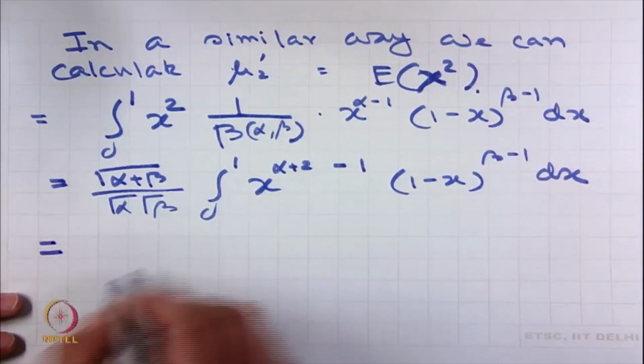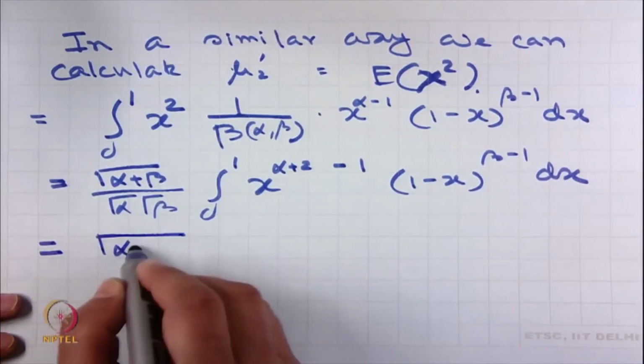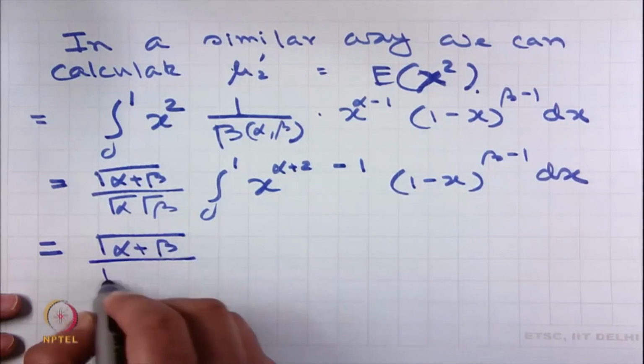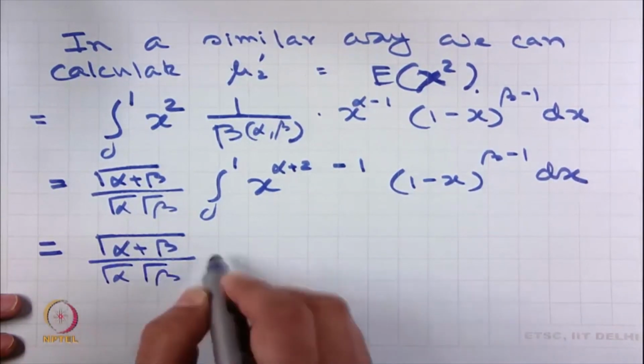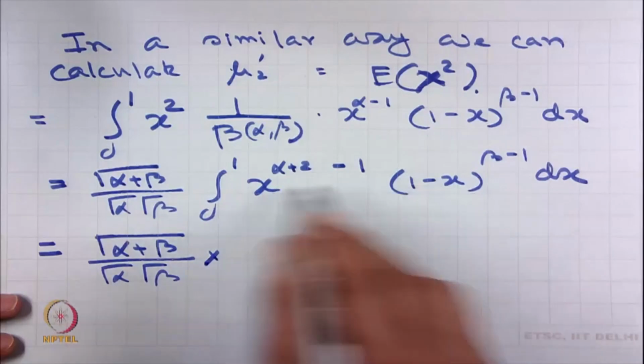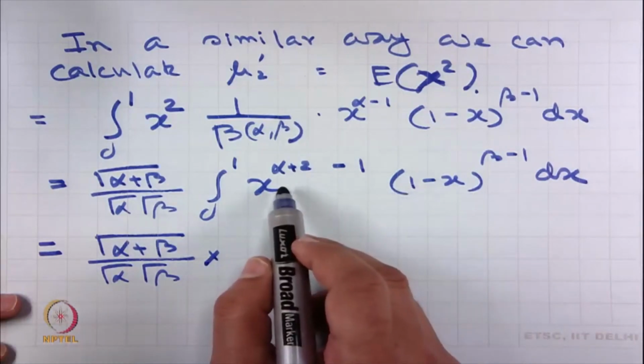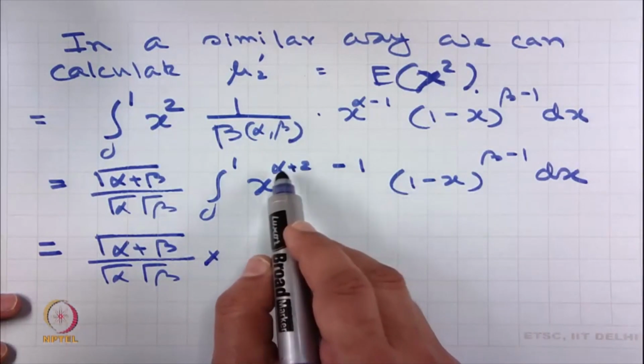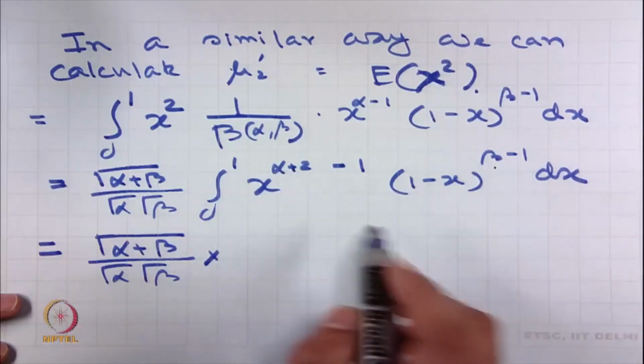This is equal to gamma alpha plus beta upon gamma alpha gamma beta multiplied by, now this is giving us a beta function with alpha plus 2 and beta.